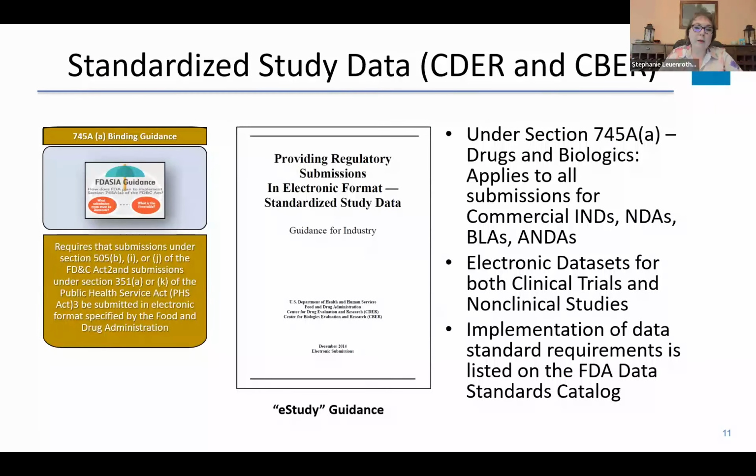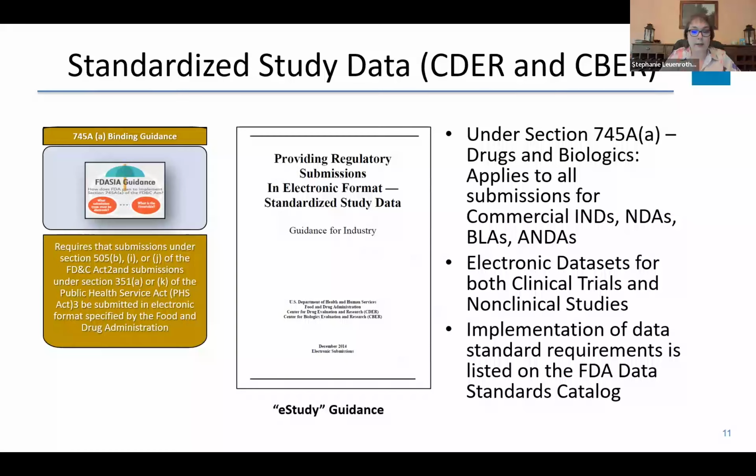So thinking about what exactly is said within this standardized study data binding guidance. The high points of this guidance are that it first states what type of applications this applies to. It applies to drugs and biologics, and it applies to all submissions for commercial INDs, not including research INDs or other types of INDs.